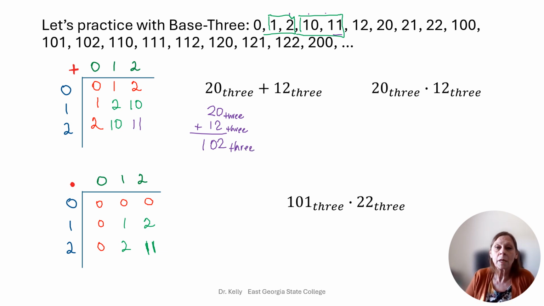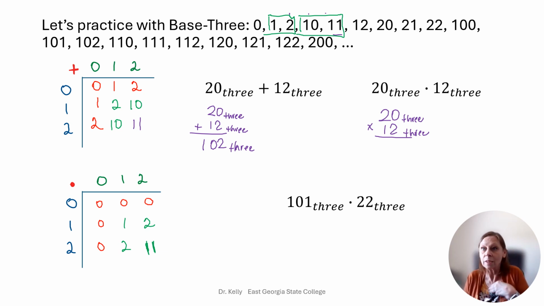Let's do the multiplication. And I am going to say 12 base 3 times 2 base 3. And we're going to do this kind of like the standard algorithm. I'm not going to do anything crazy because I'm trying to finish this up. Let's see. 2 times 0 is 0.